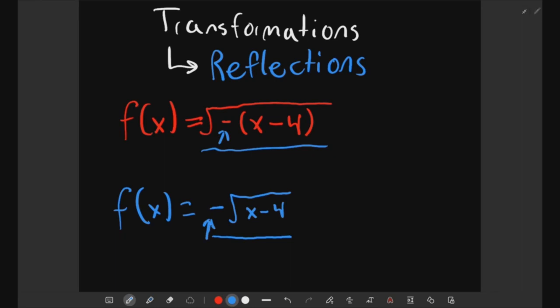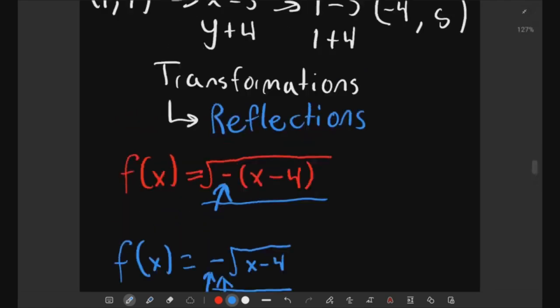If it's not directly affecting the x, like it's happening right here in this one, well, it's going to be a reflection across the x-axis. While if it's directly affecting the x, like it is in that case at the top, well, it's going to be a reflection across the y-axis. Now, what does that look like?